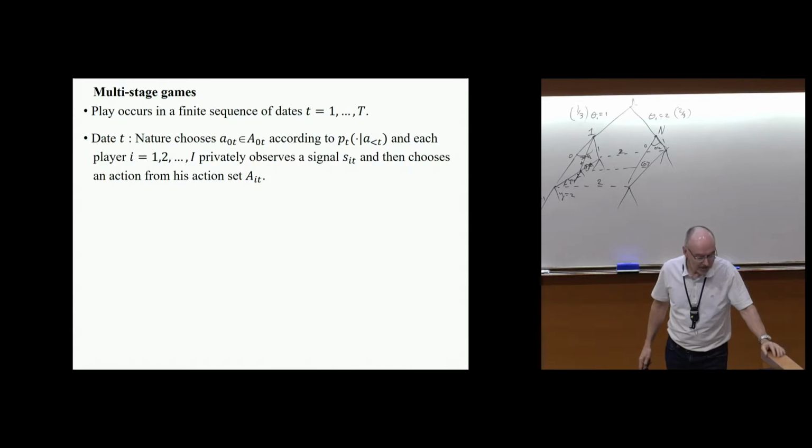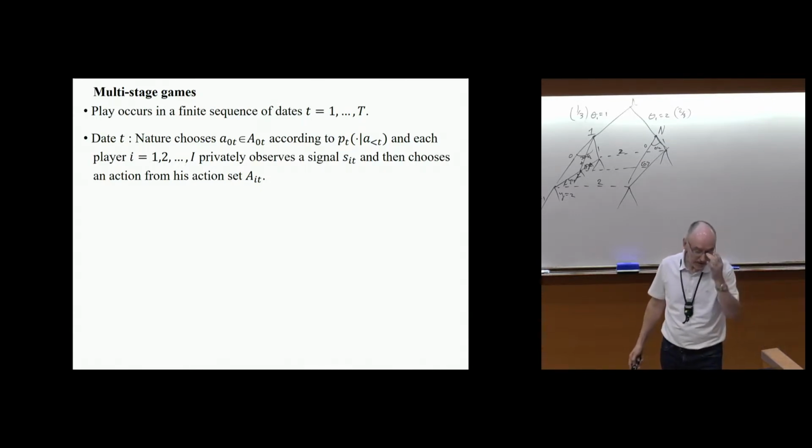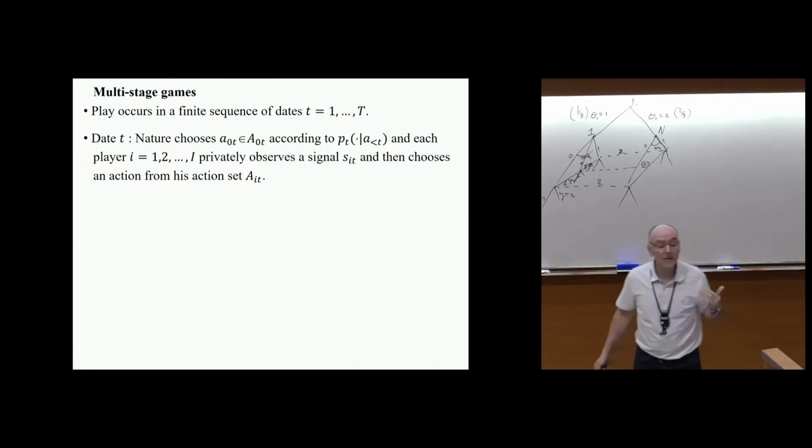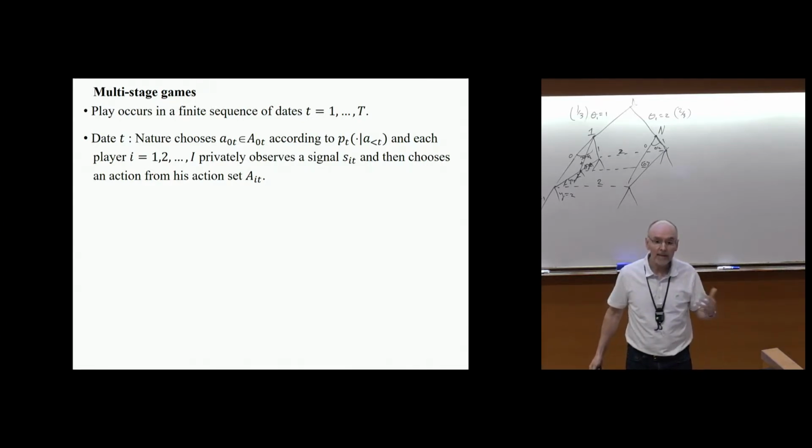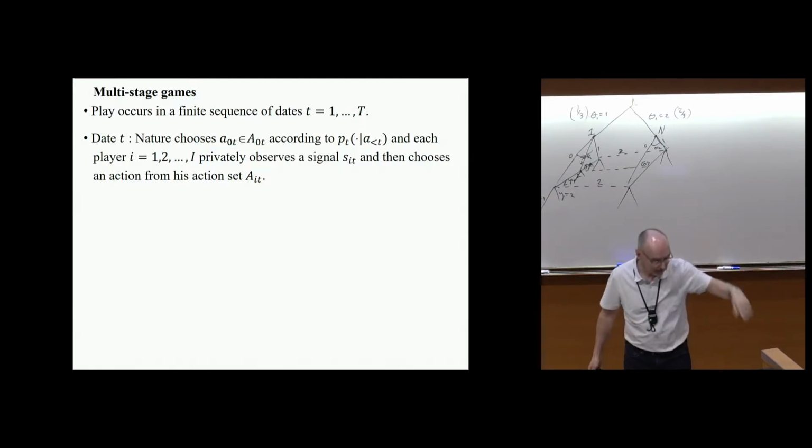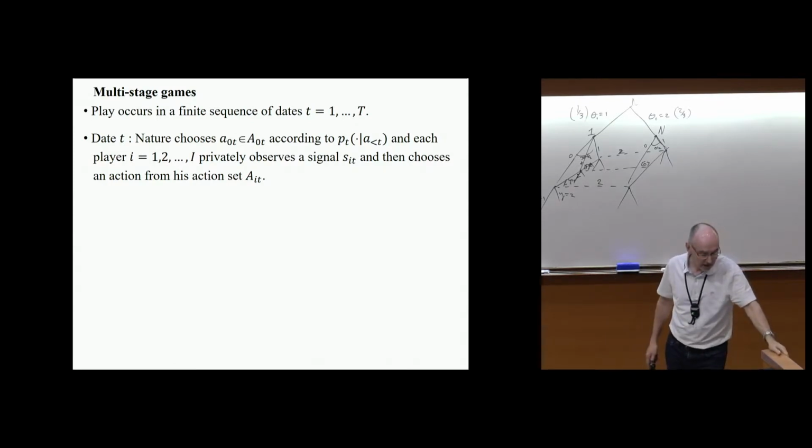So nature chooses A0t at date t out of her action set according to some probability distribution, which can depend on the entire history of play. So A sub less than t means the entire history of play up to that point, including nature, so all of the players and nature.